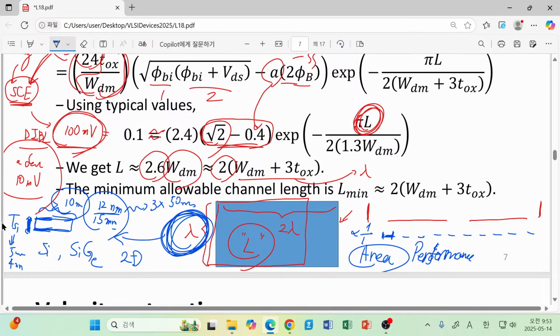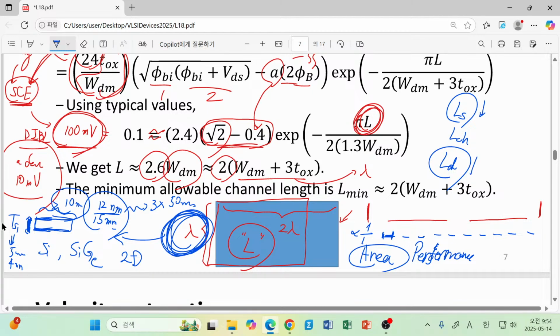Then what is nowadays the most significant barrier for further reducing this overall length scale? Previously, the total length is the sum of the source side length, the channel length, and the drain side length. Of course, they are symmetric. So people sometimes reduced the source and drain side.